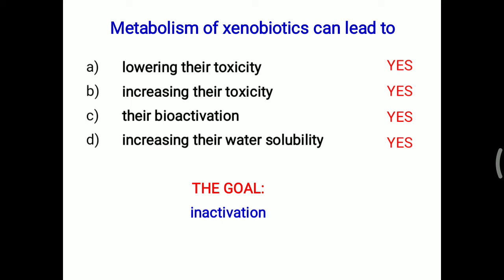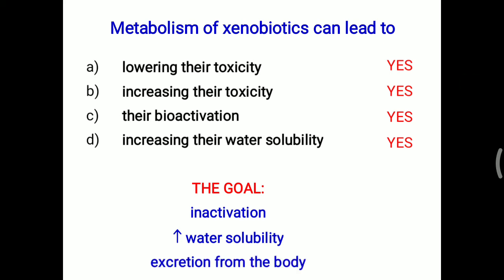So if a molecule is dangerous, the ultimate target of the body is to metabolize this strange molecule to inactivate it, make it water soluble to increase its solubility, and after that excrete it from the body. That is the main goal. But during this process, depending on the molecule, sometimes instead of deactivation, activation will occur. So that's all about biotransformation and the different phases of biotransformation, and the reactions of phase 1 and phase 2 that you have to remember.